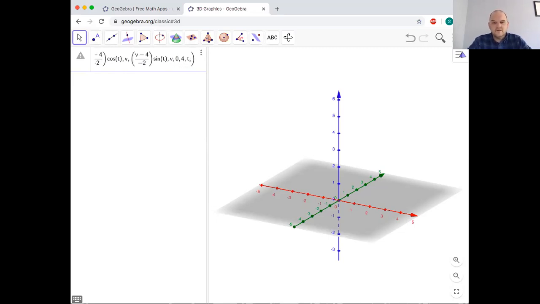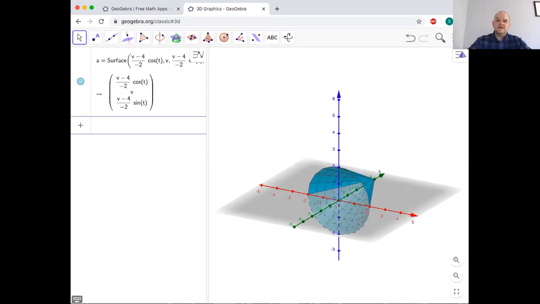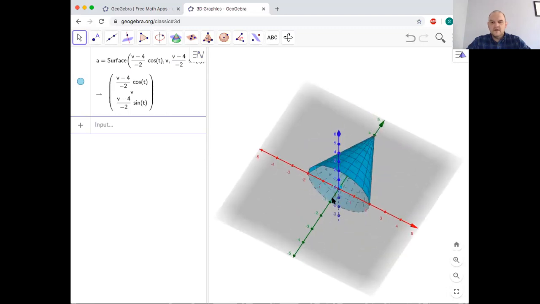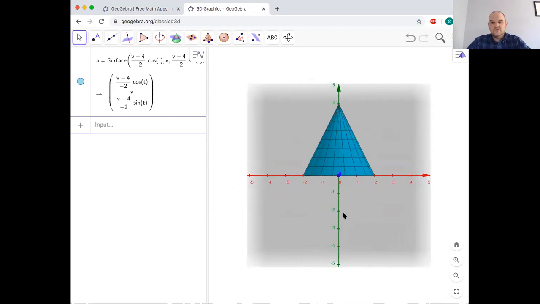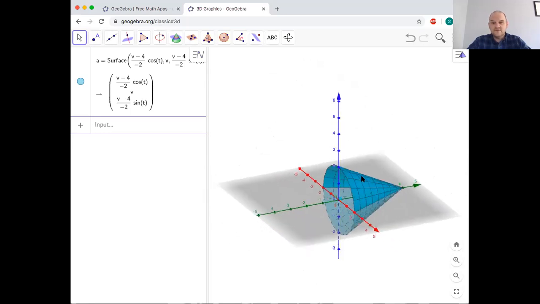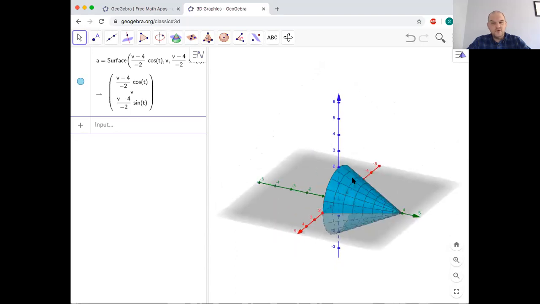And then T can go from 0 to 2 pi. Check that out. That is cool. All right, let's orient it so that we're looking at the XY plane. And you can see this edge right here is the line 4 minus 2x. How crazy is that? And then when we graphed our surface, it became the cone that we were looking for.